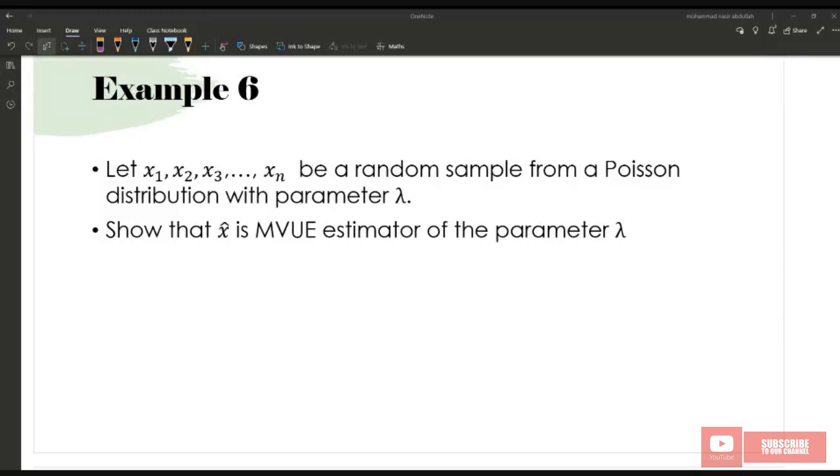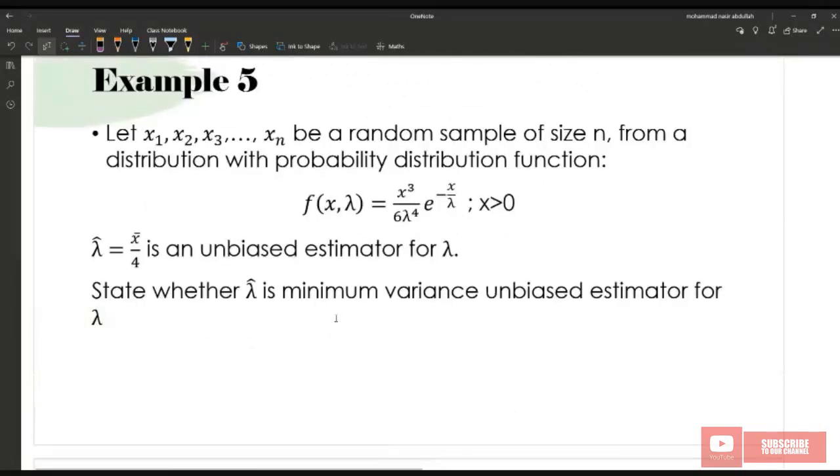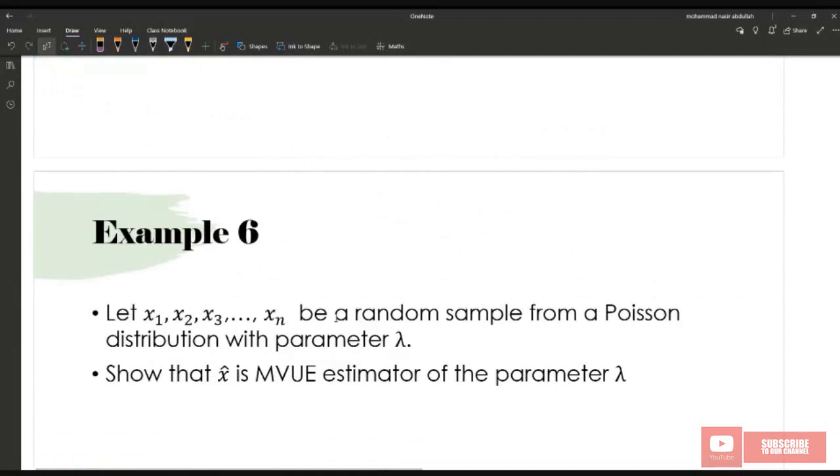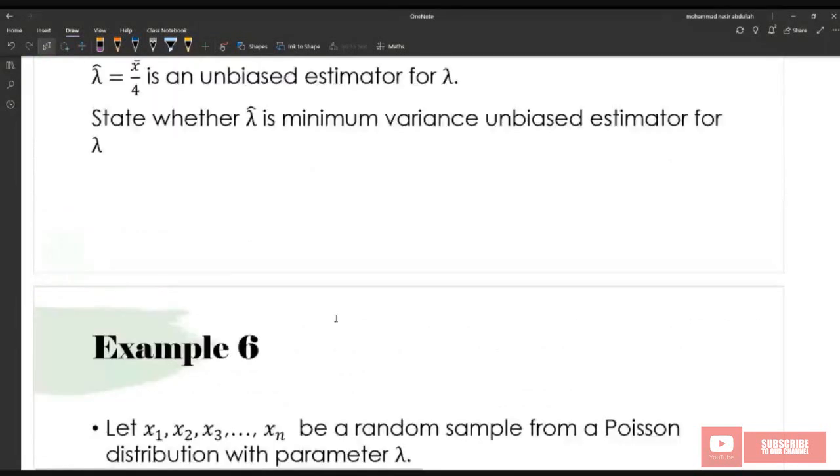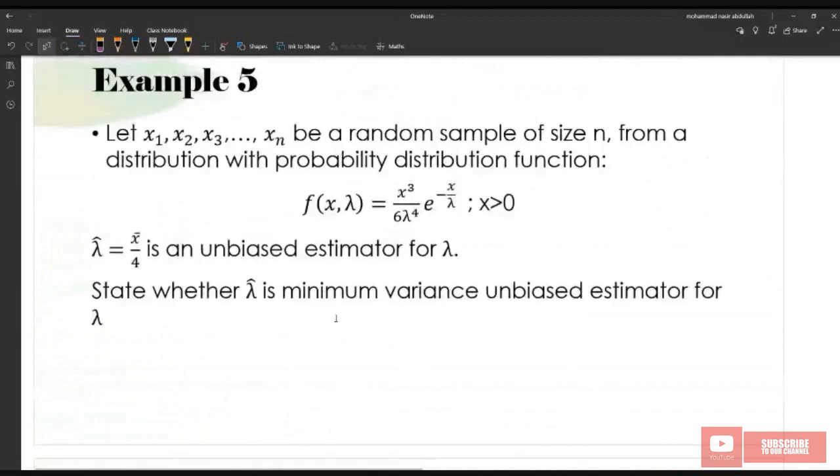Example number 5 is the minimum variance unbiased estimator. Example number 6 is also the minimum variance unbiased estimator. So both are minimum variance unbiased estimators. You try doing it, and if you don't understand, you can ask me, no worries. But don't ask about the assignment. It's your assignment, you have to do it yourself. Try to Google it. After you are done, I will give you the answer.